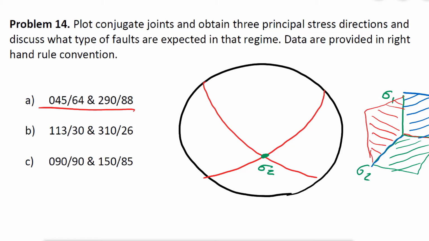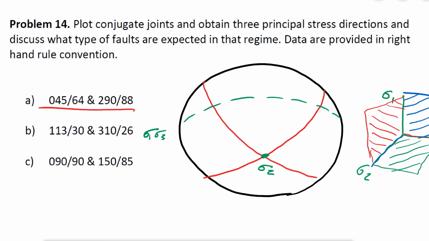So I will go ahead and place sigma 2 along the east-west line, and you can count 90 degrees from this point, and that's going to be the profile plane. Let's say I have done that step and obtained this great circle, and that is the plane of sigma 1 and sigma 3. But we don't know yet where sigma 1 and sigma 3 are.